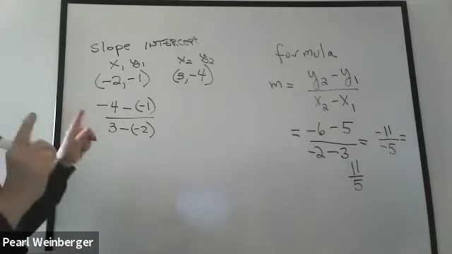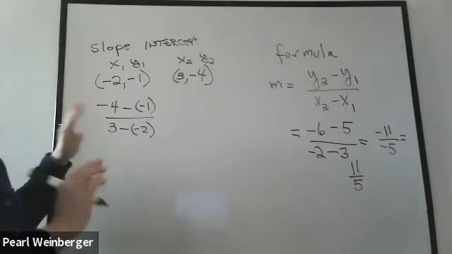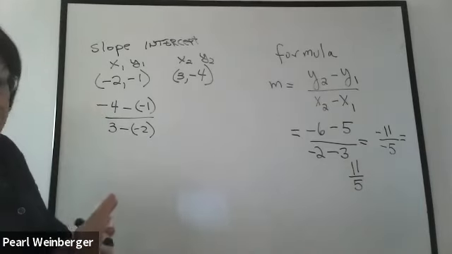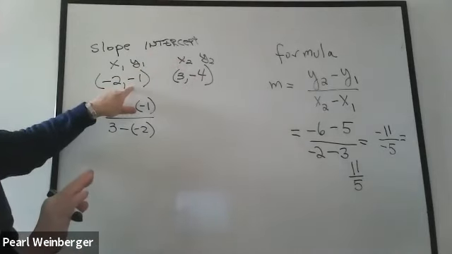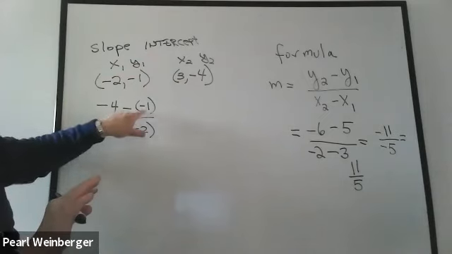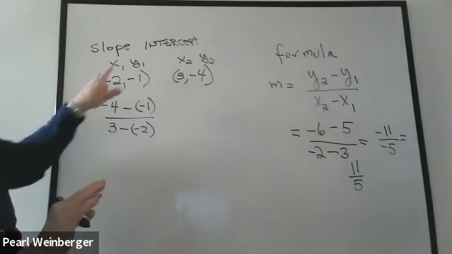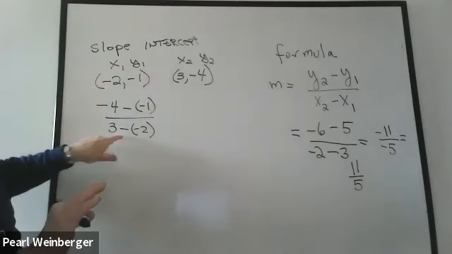Be very careful with your signs. Everybody clear as to what I've done so far? I did y2 minus y1, so that was -4 minus -1, and x2 minus x1, so that was 3 minus -2.